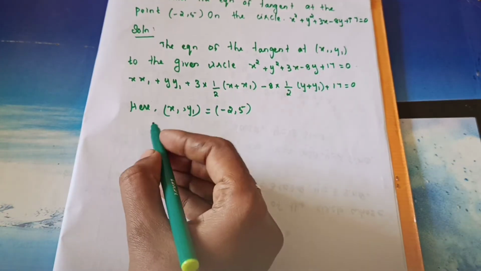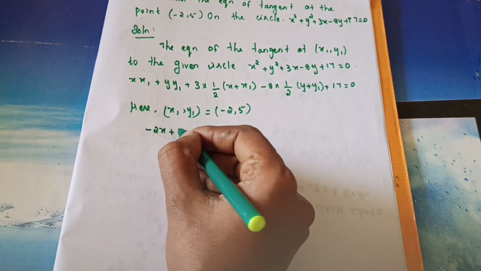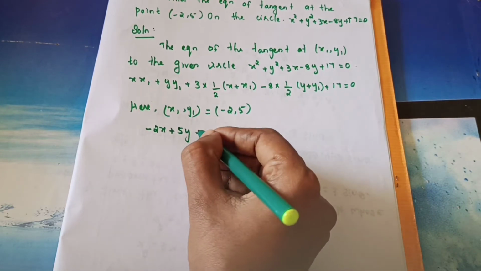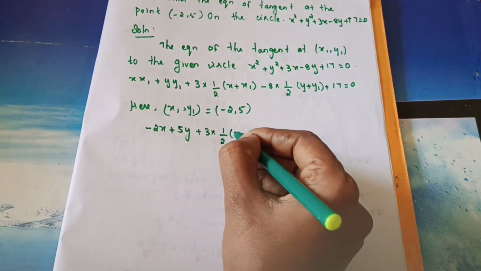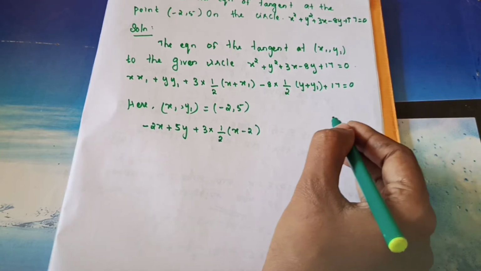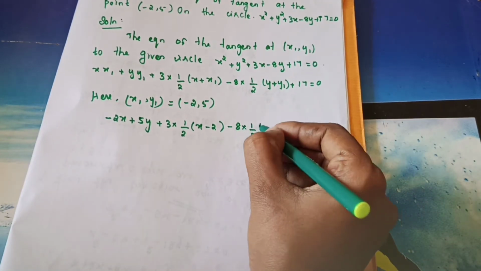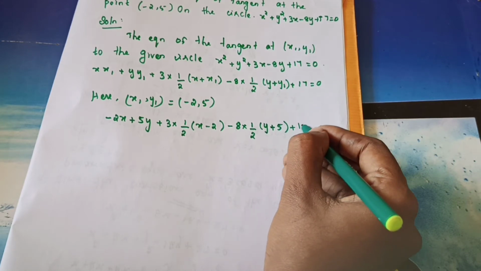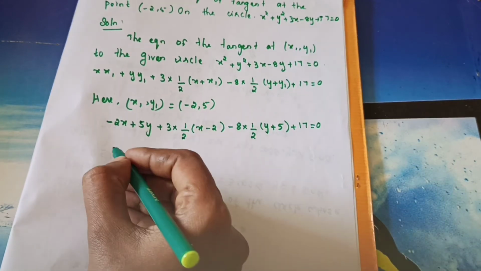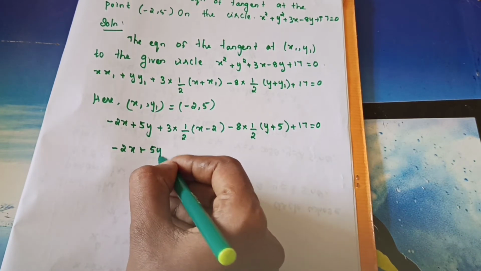So minus 2x plus 5y plus 3 into 1 by 2 into (x minus 2), then minus 8 into 1 by 2 into (y plus 5), plus 17 is equal to 0. So minus 2x plus 5y.